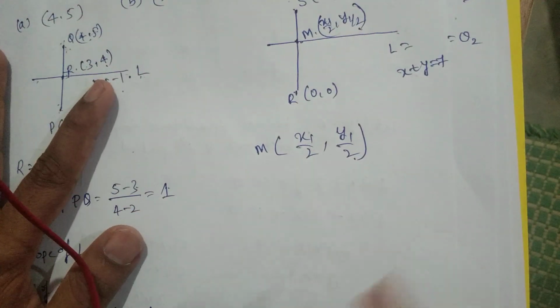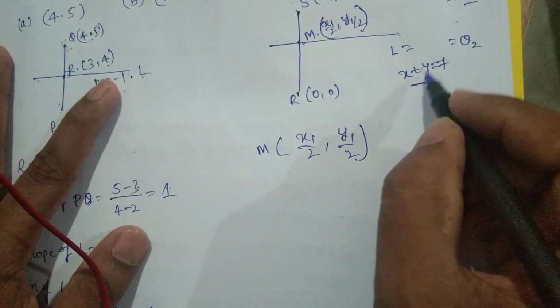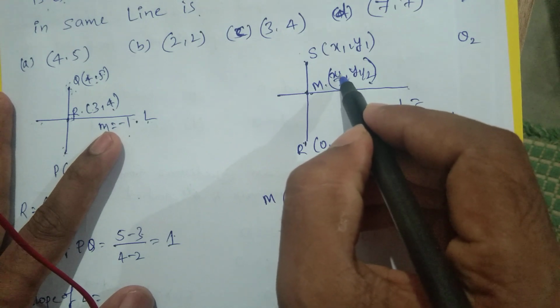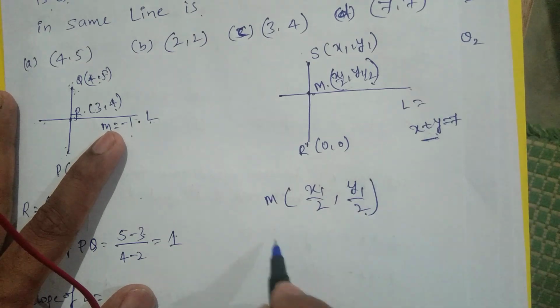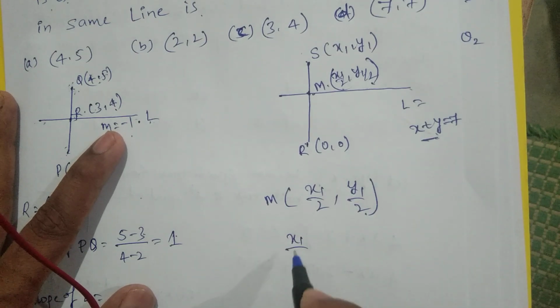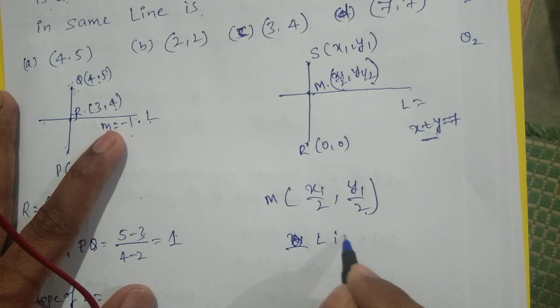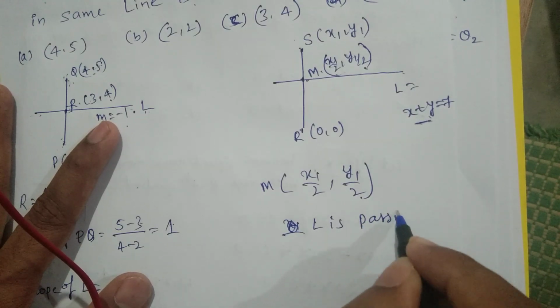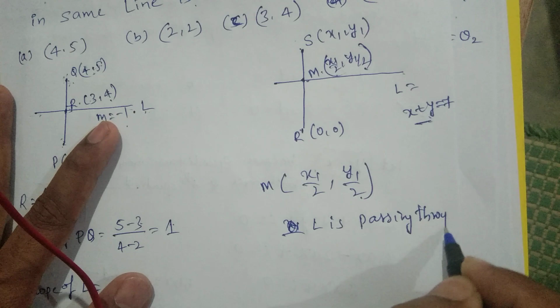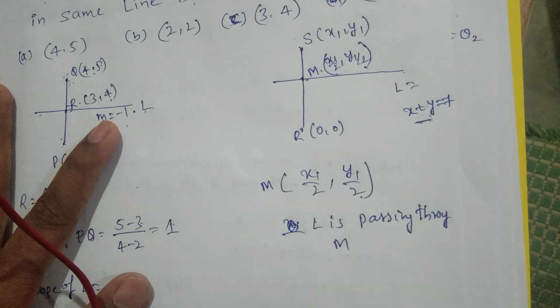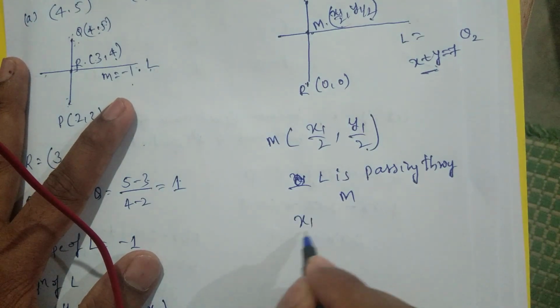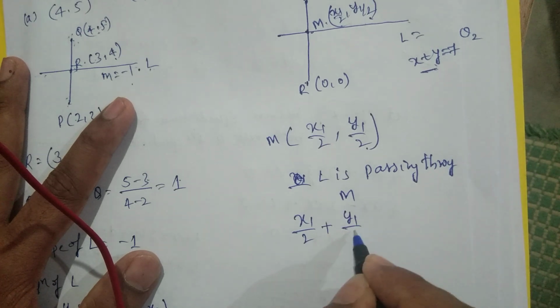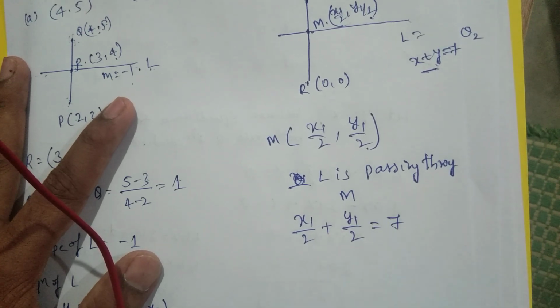Now this line L is passing through the point (x1 by 2, y1 by 2). That's why in the place of x and y in x plus y equal to 7, I write x1 by 2 plus y1 by 2 is equal to 7.